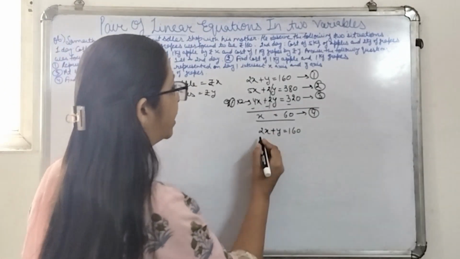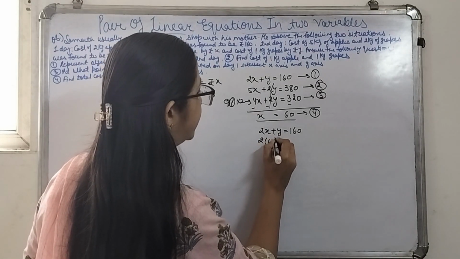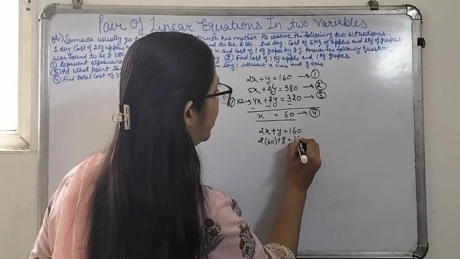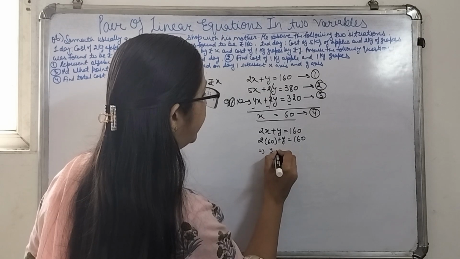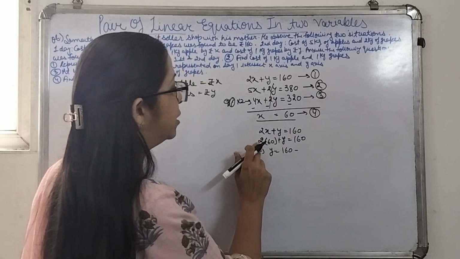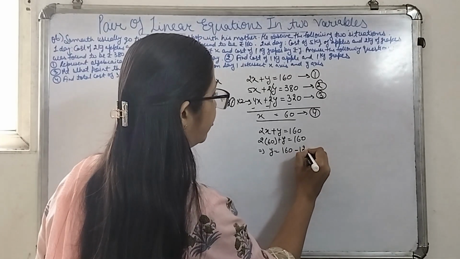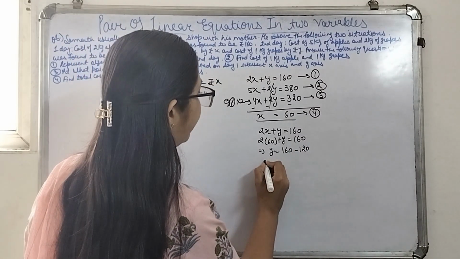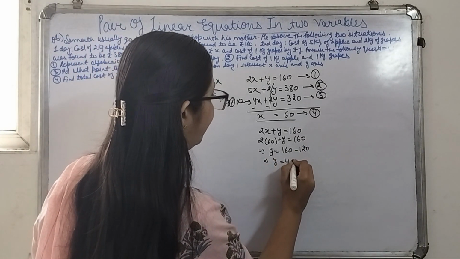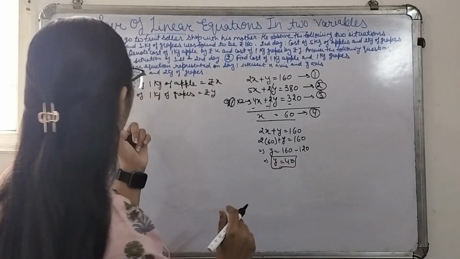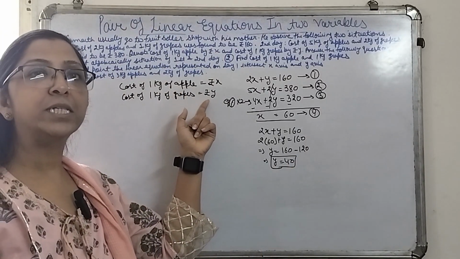So it will become 2 multiplied by 60 plus y is equal to 160. So y will be 160 minus 120. That means the value of y is 40, so the cost of 1 kilogram of grapes is rupees 40.